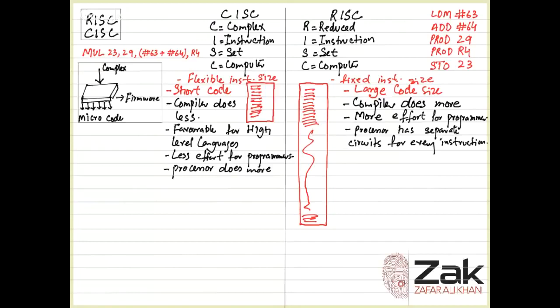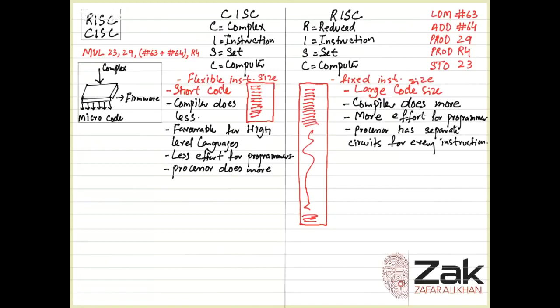All right, and that makes sense that if you have got separate areas for separate instructions, you cannot have a large number of instructions, because a large number of instructions means large separate areas for every instruction. That means a large processor size. So we have fewer instructions, so that we have less dedicated circuitry area in the processor.